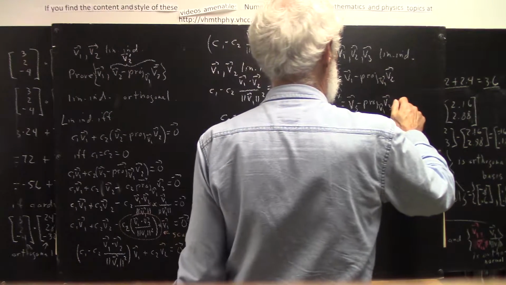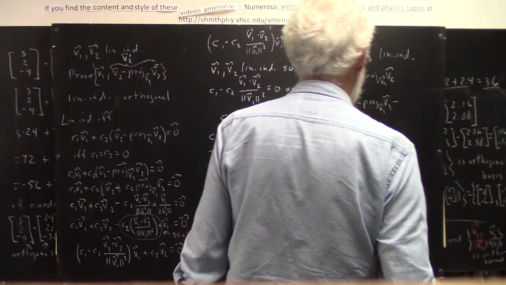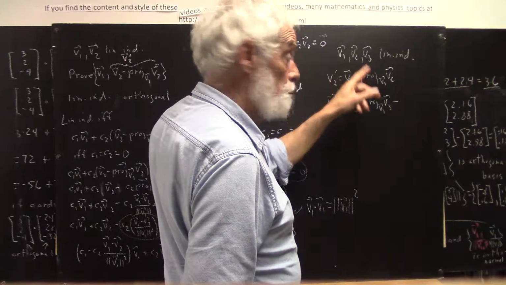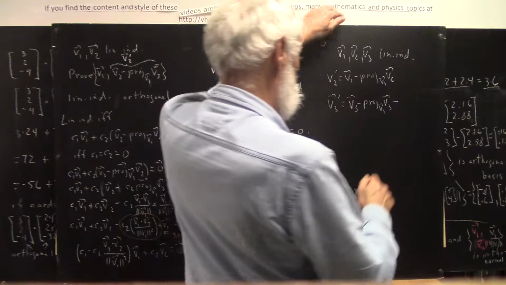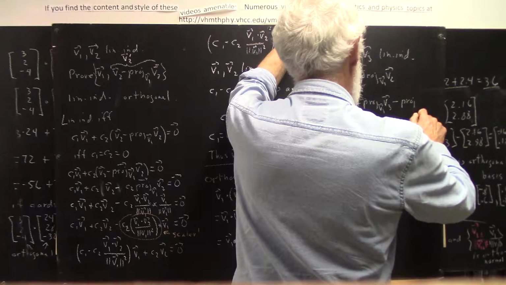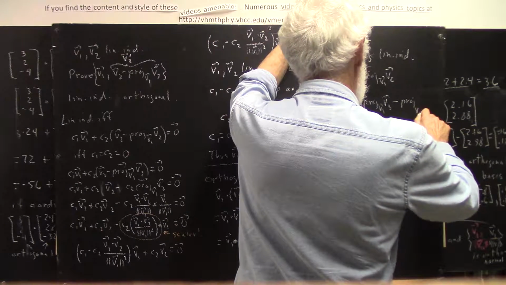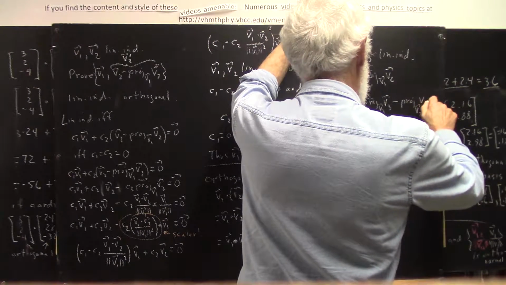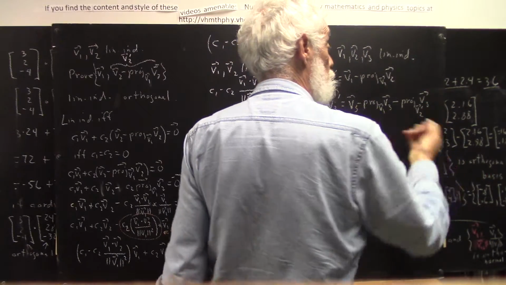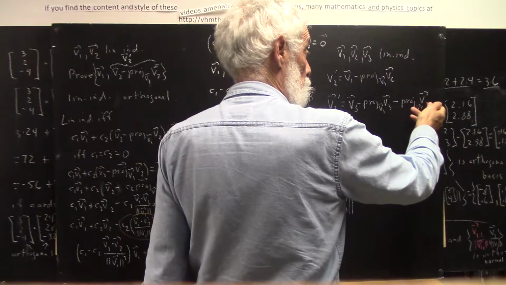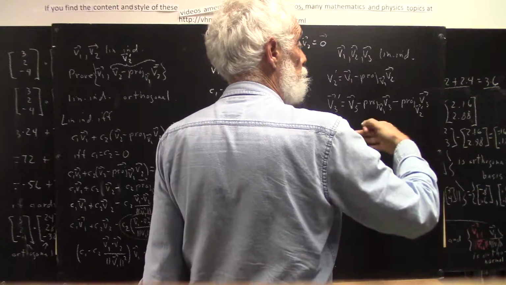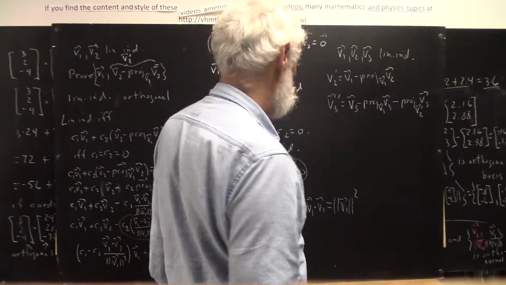And then we also want this vector to be perpendicular to V2, or if you prefer to V2 prime. So we could subtract the projection on V2 of V3, or if we prefer, the projection onto V2 prime of V3. Doesn't matter whether you project onto V2 or V2 prime. You're throwing away the part of V3 that's in the direction of V2.